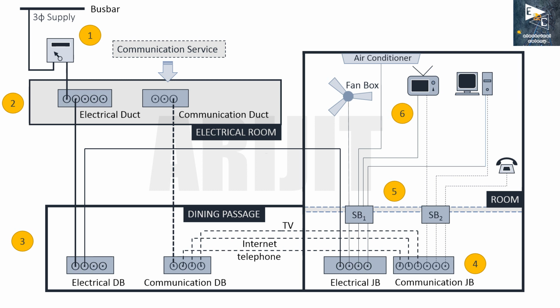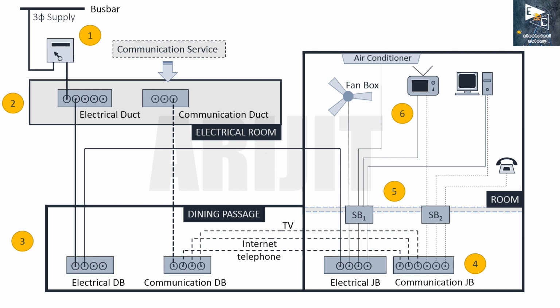Distribution boxes are placed usually in the living dining passage for the individual apartments. Next, from a distribution box, the conduits are sent to the respective individual or mutual junction boxes inside the apartment.